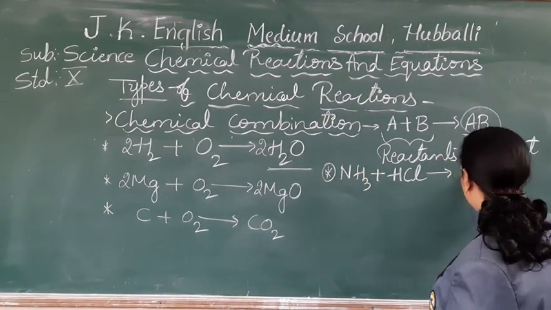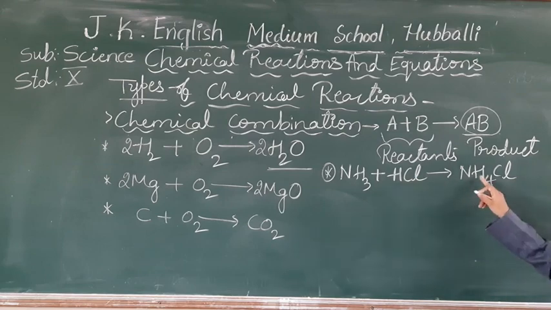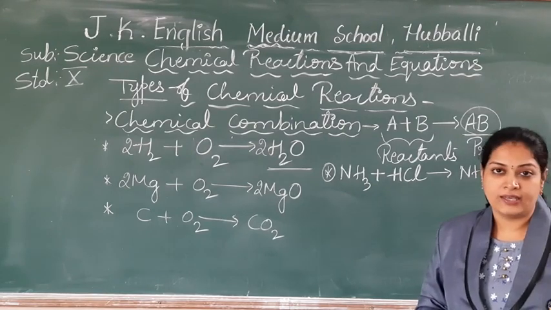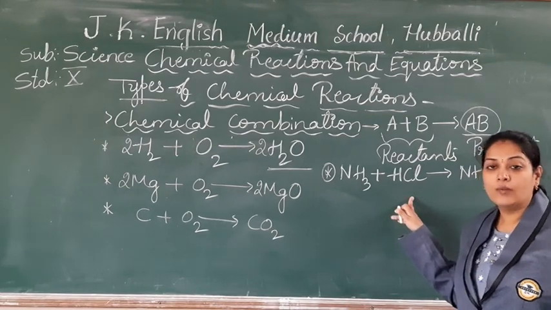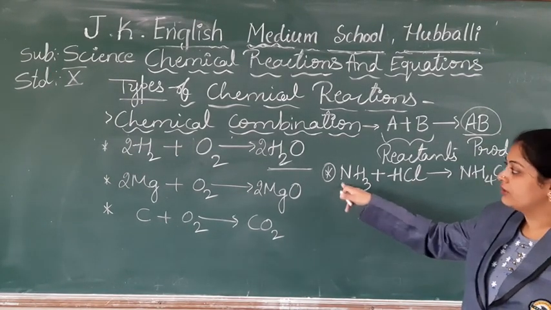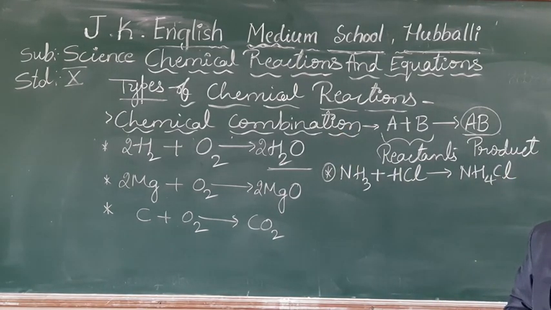Nitrogen 1. Can you see? Hydrogen 3 plus 1, 4. Hydrogen 4. Chlorine 1. Yes, this equation itself is balanced. Right? See here, two reactants are there. How many products you are going to get? Single product. So this equation, we are going to take it as under combination reaction. Right? One more equation.